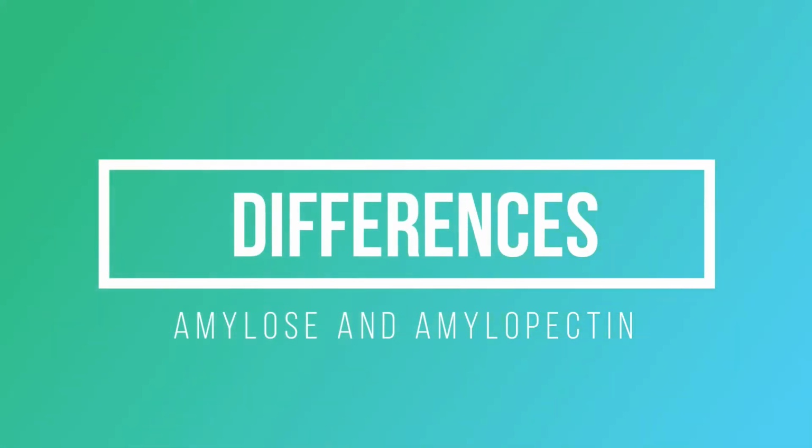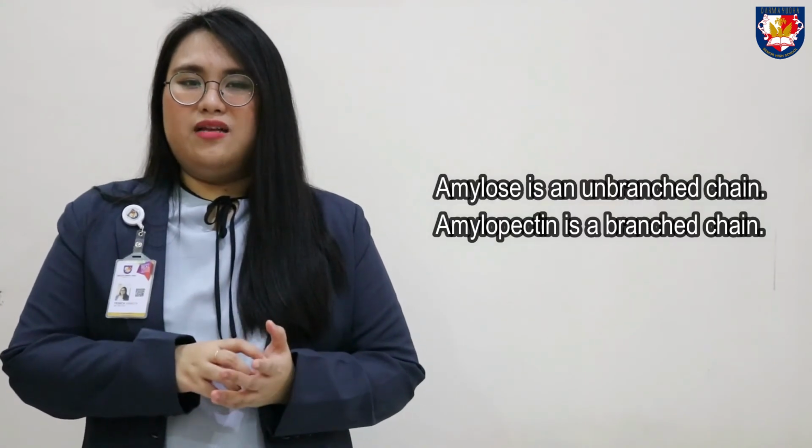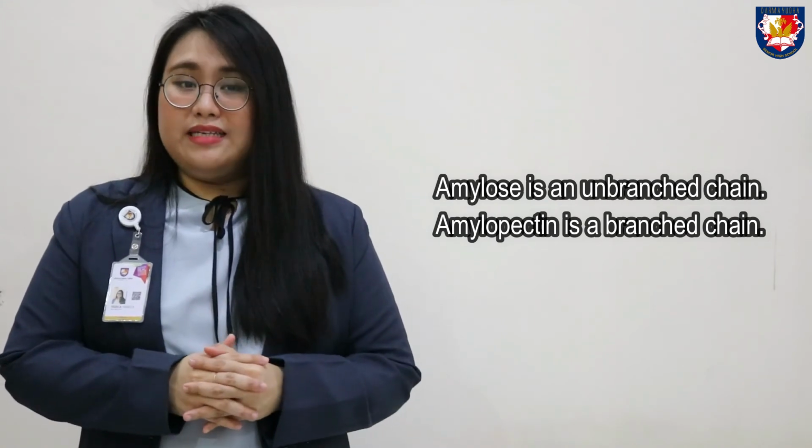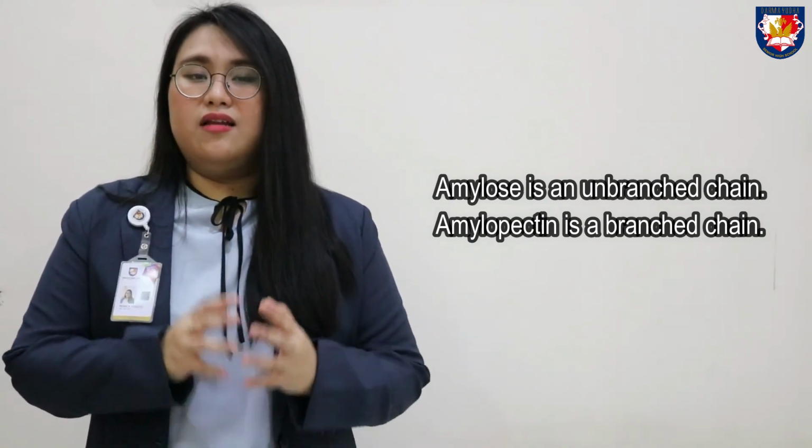So let's discuss the differences between amylose and amylopectin. The first one: amylose is an unbranched chain polymer of glucose, while amylopectin is a branched chain of glucose. It's clear, right? Amylose is the unbranched chain, and amylopectin is the branched chain.